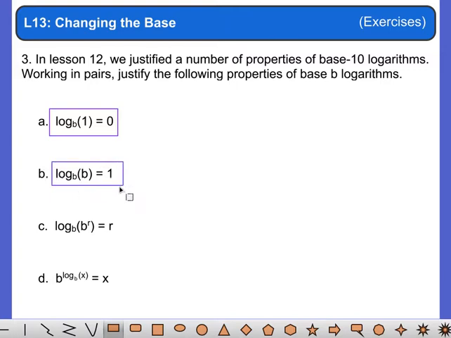If these two values are the same, then it's equal to 1. If we've got a base and a piece the same, that's equal to the exponent of r. That's a general version of b. Same thing you can see with d. If you have a base raised to a log b and these two are the same, then the answer is just x itself.